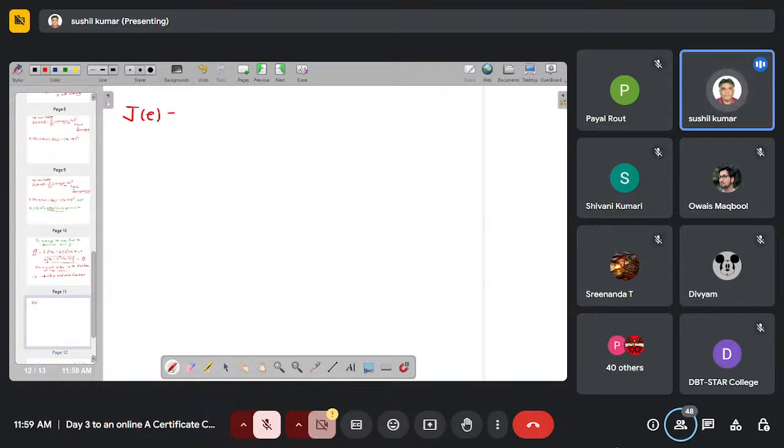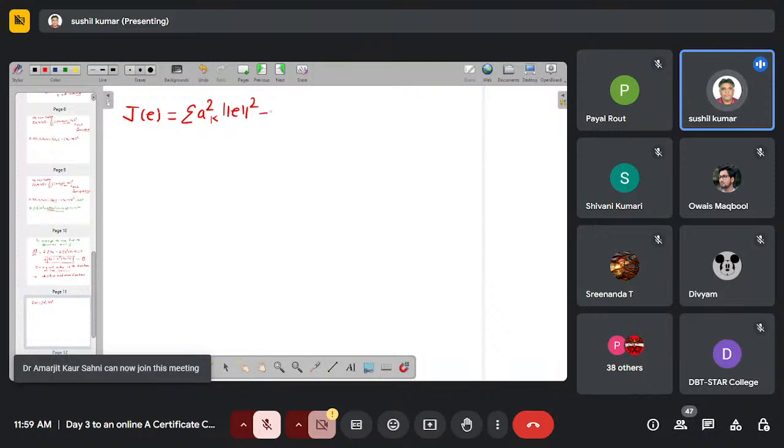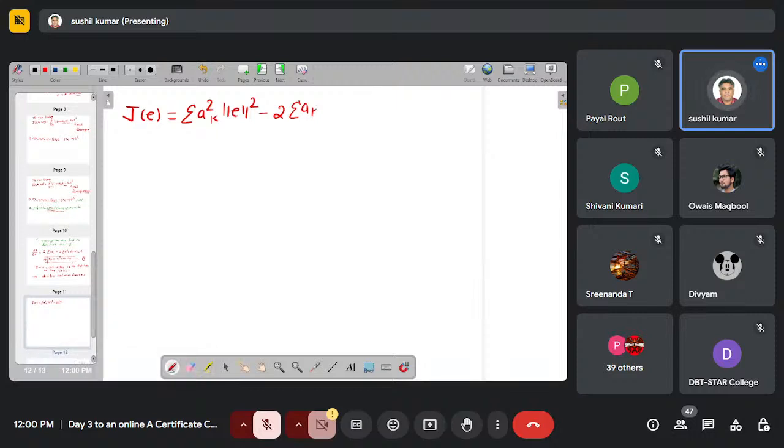So what I will take here is J(E), and that calculation we have already done: a_k square, because the error you want to calculate is the same on both sides, minus 2a_k e transpose (x_k minus m), plus (x_k minus m) whole square.